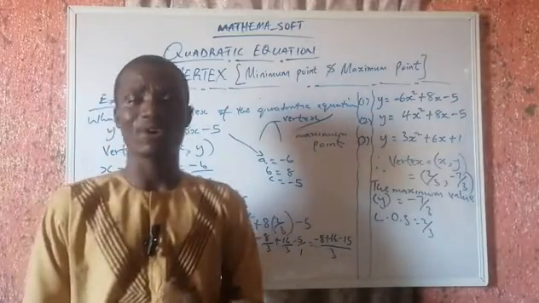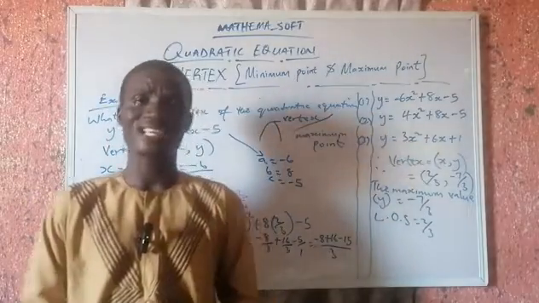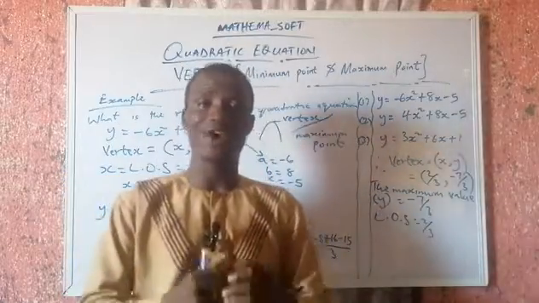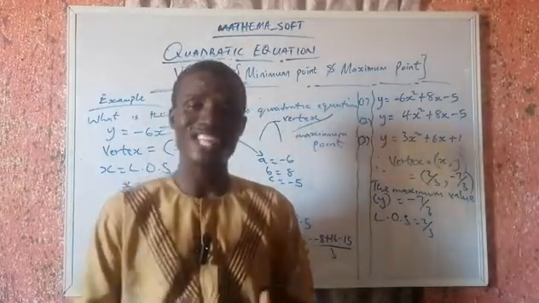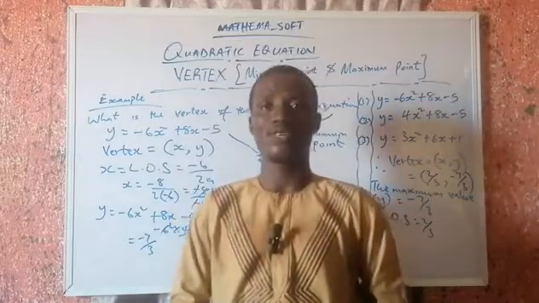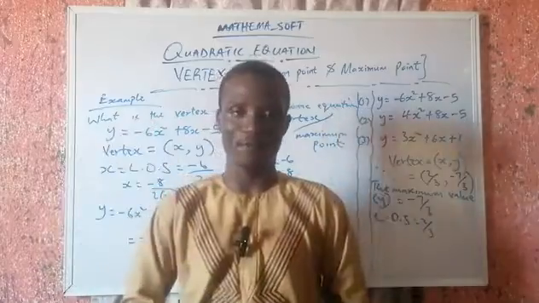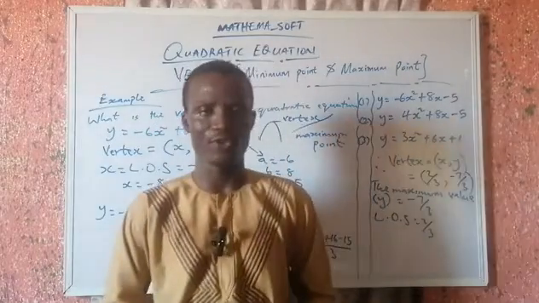But the vertex of a quadratic equation actually has its own form. There's a form we can write the vertex of a quadratic equation such that we can directly read out the vertex if the equation is written in that form. And that's what we are going to do in the next video.